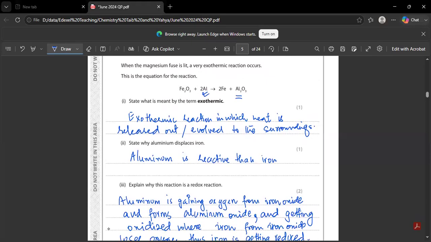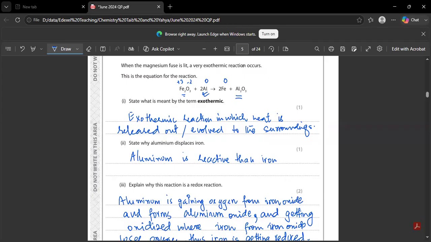The next question is if I want to explain in terms of the gain or loss of electrons. Here, aluminium has zero charge because when the element is alone, in a free state, it has zero charge. After the reaction, iron has zero charge. In iron oxide, the charge of iron is +3 and oxygen is -2.